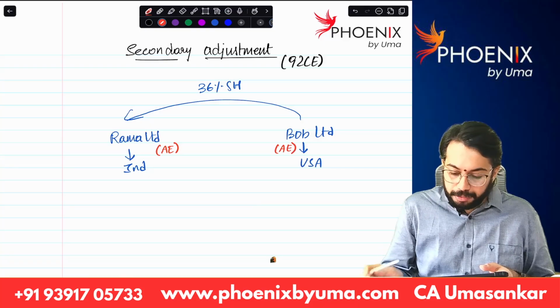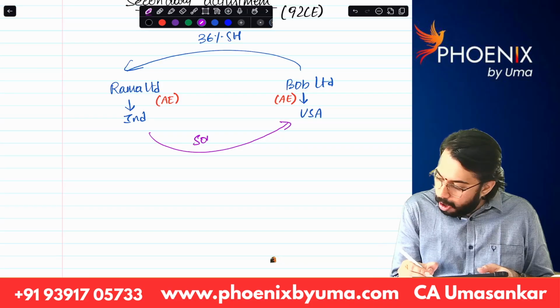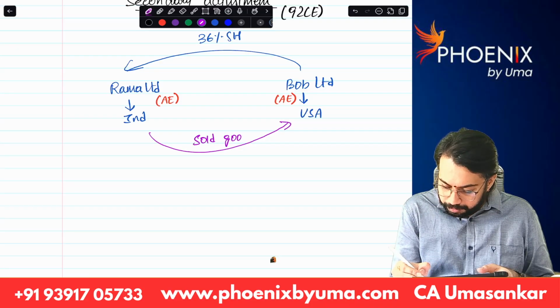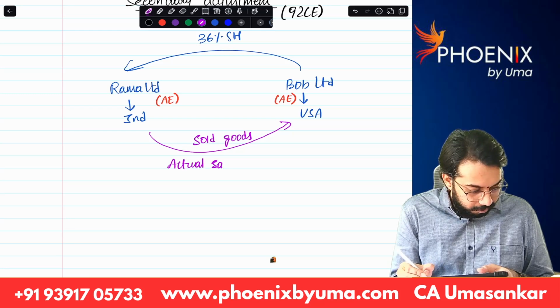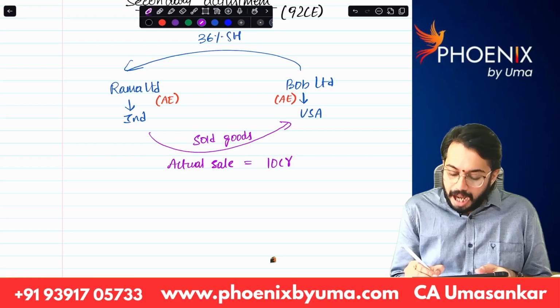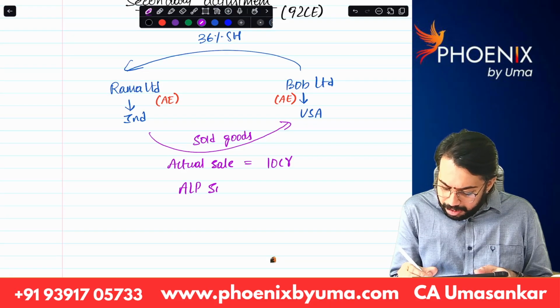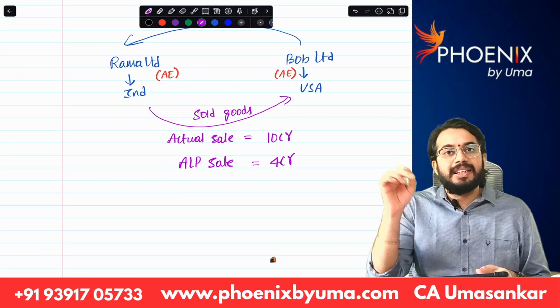Correct? Now, Rama Limited sold goods to Bob Limited. Actual sale is 10 crores. Okay, but arm's length price sale is 14 crores. Generally, under sales are there.